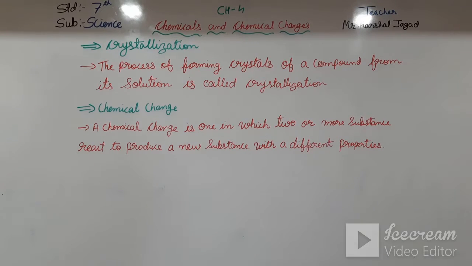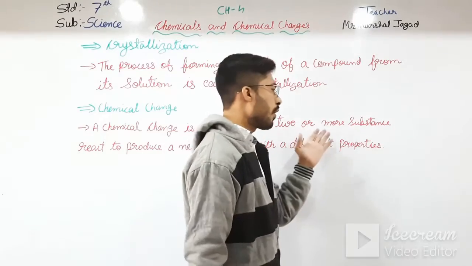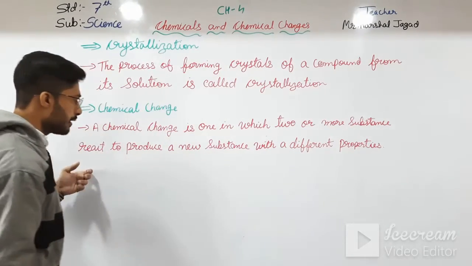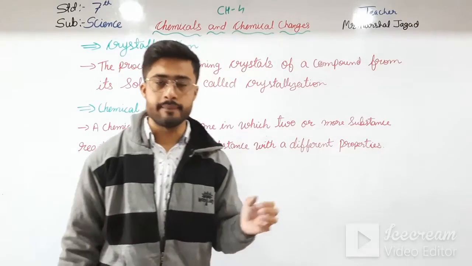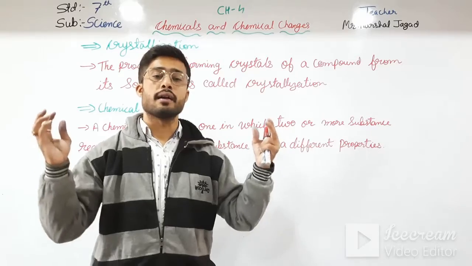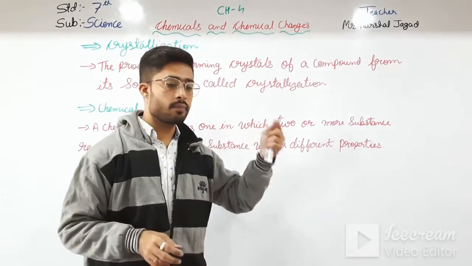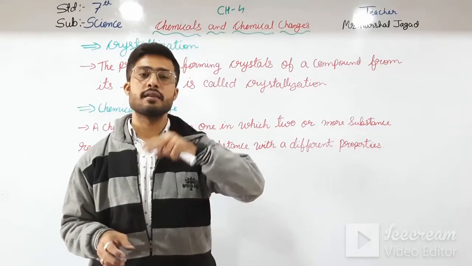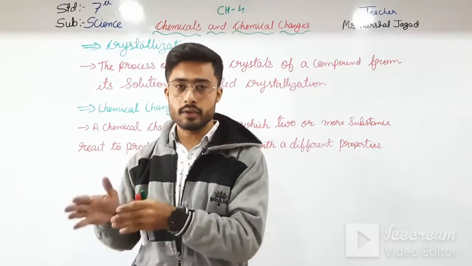First of all we will see that, and then after we will see how the chemical changes occur. So a chemical change is one in which two or more substances react together to produce a new substance with a different property. When two or more substances or compounds combine together to form a new compound, its property is different from both of these.